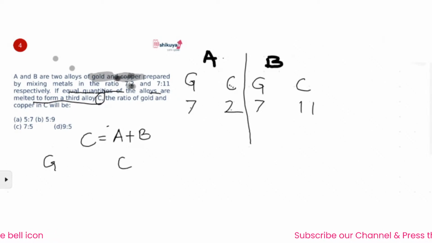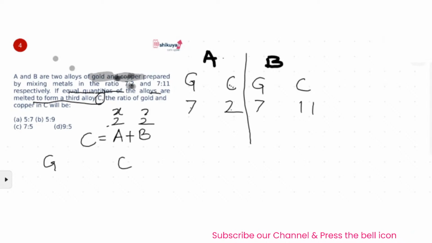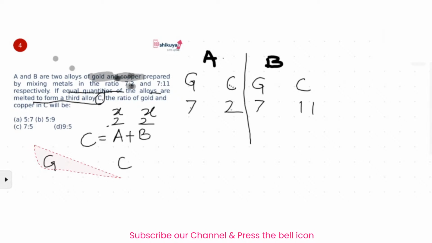What does this mean? If I have 2 kgs of A, I will have 2 kgs of B. If I have X kgs of A, I should have X kgs of B to form this C.